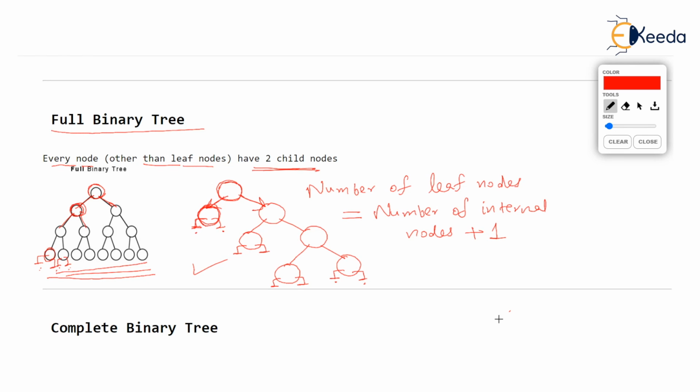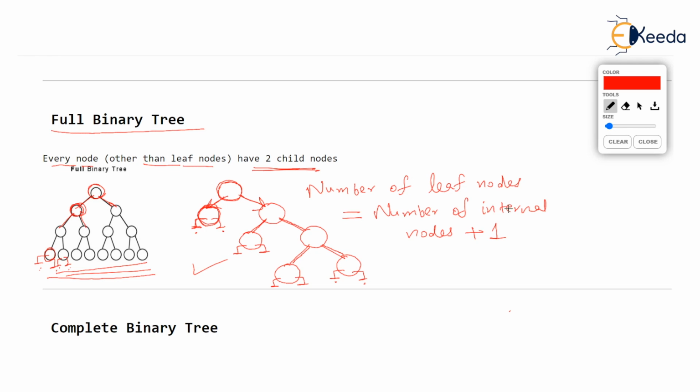And the node on which the mouse is hovering has two children. So if you observe in this tree, a node either has two children or zero children. Any such tree is known as a full binary tree. So this is also a full binary tree because a node has two children or zero children. So simple. Now one more equation: the number of leaf nodes in a full binary tree is always equal to the number of internal nodes plus 1.